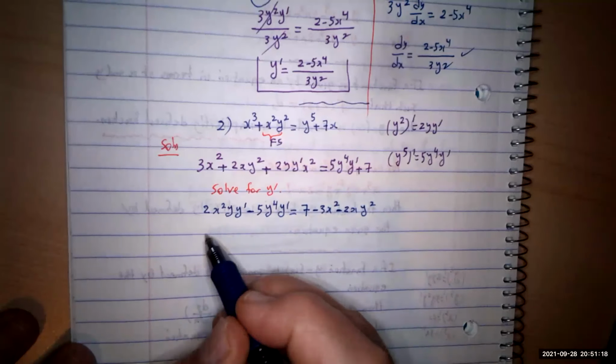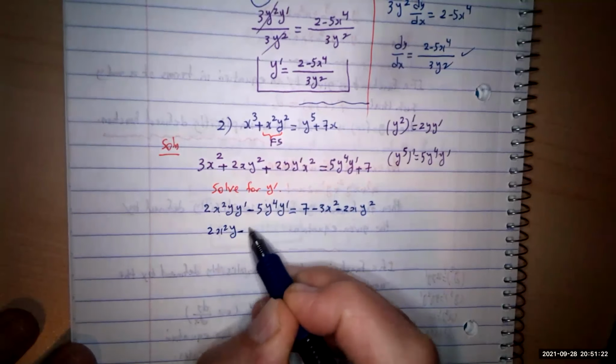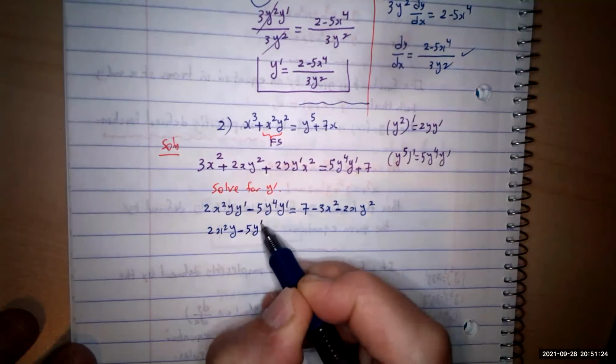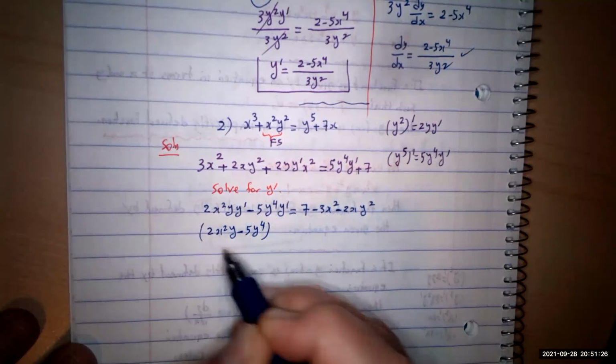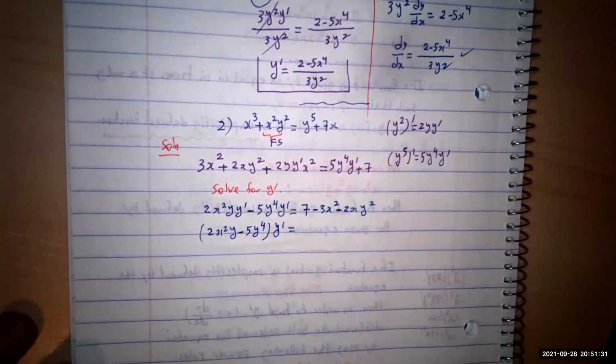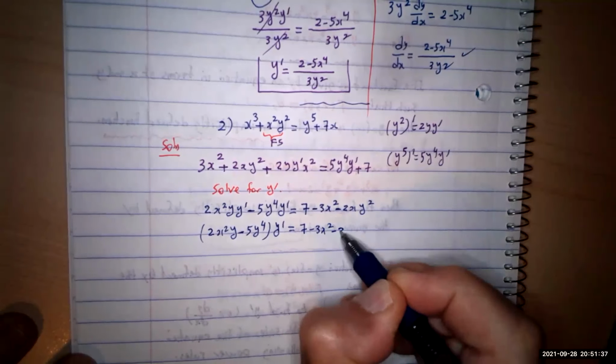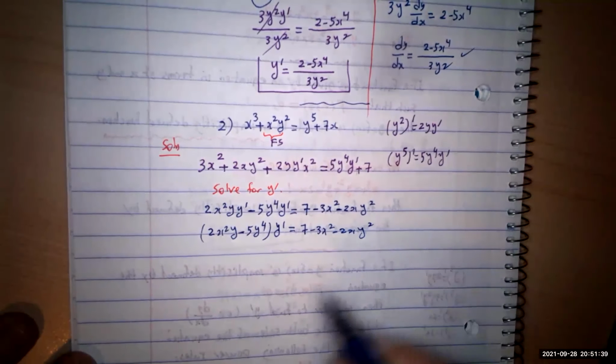You factor out the y prime, so that gives you 2x squared y minus 5y to the fourth, everything times y prime. And then you have the 7 minus 3x squared minus 2x y squared.